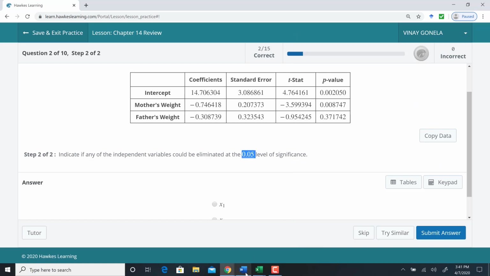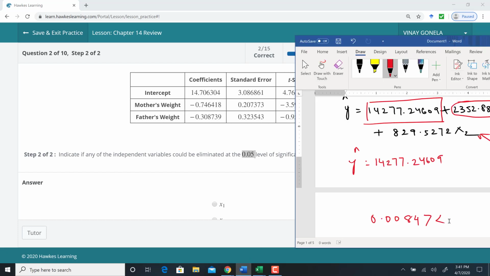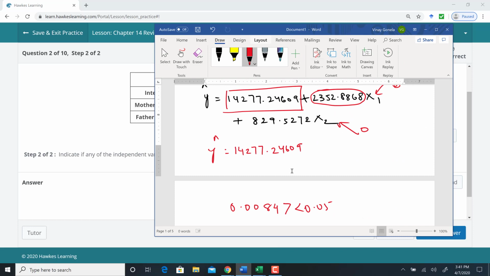So I will ask myself, is it less than 0.05? And this is a true statement. So yeah, 0.00847 is definitely less than 0.05. So this factor is significant. How about this is mother's weight?